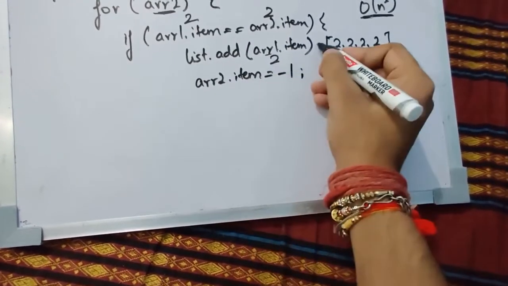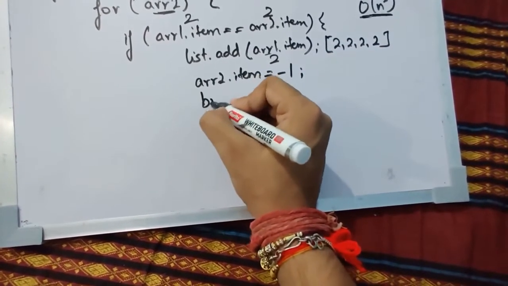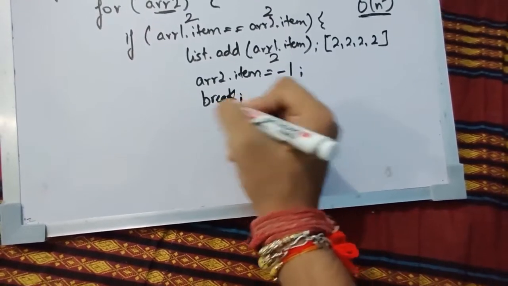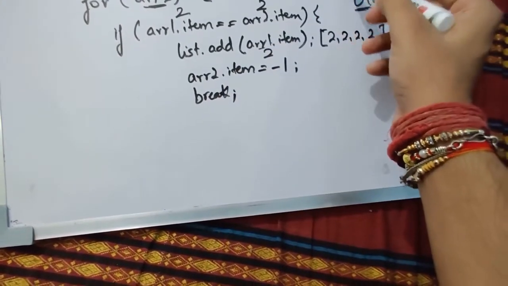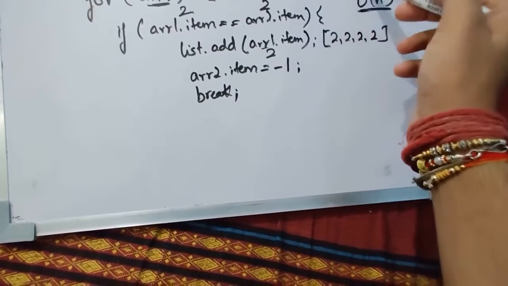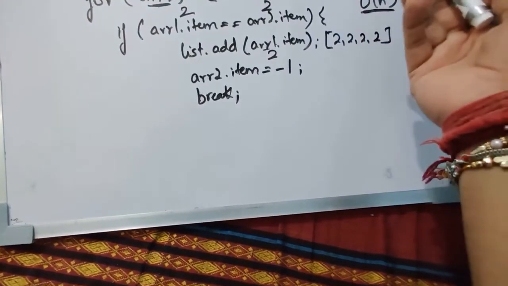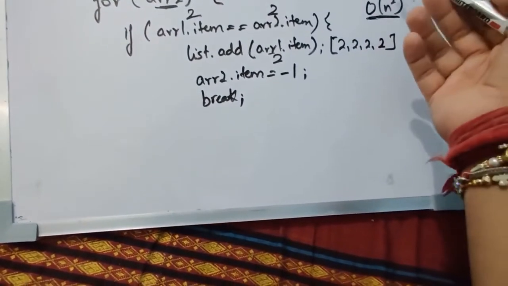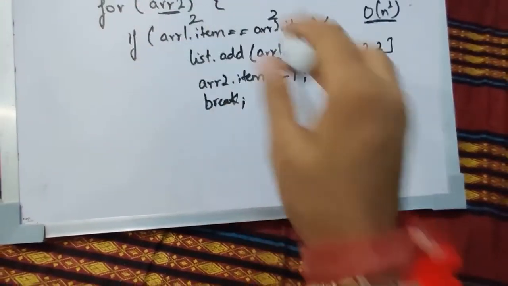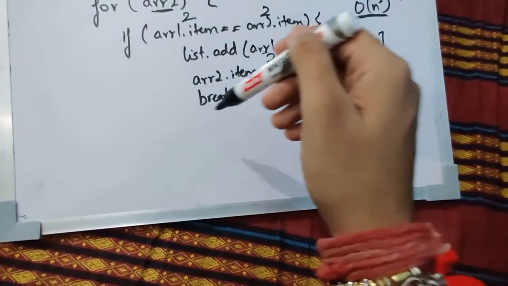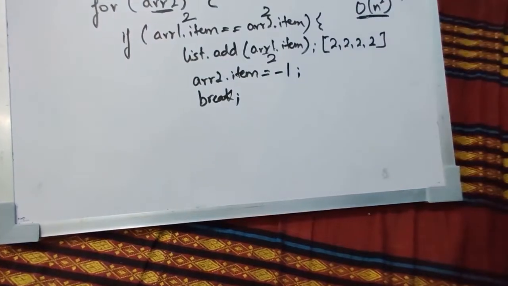When you do this, you just have to break out of the loop. Why break? Because if you don't break, then this -1 will get compared with 2, which is completely okay, but it could be a problem in a different test case.